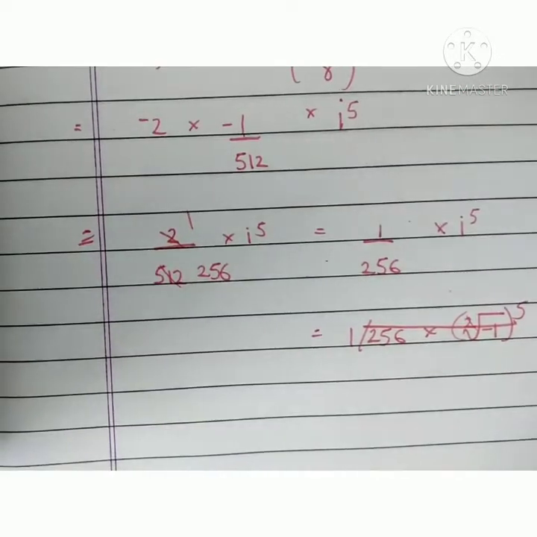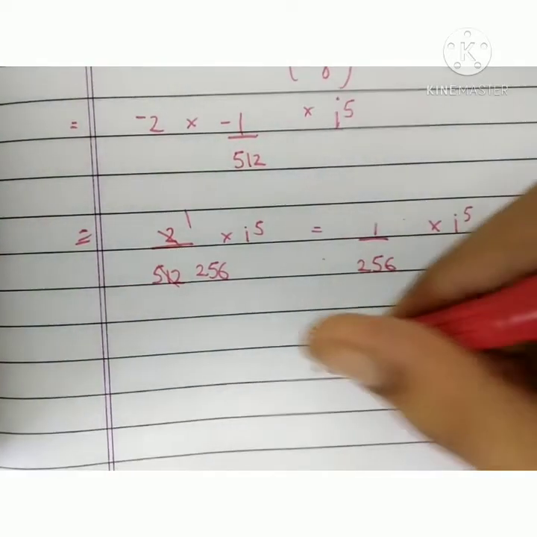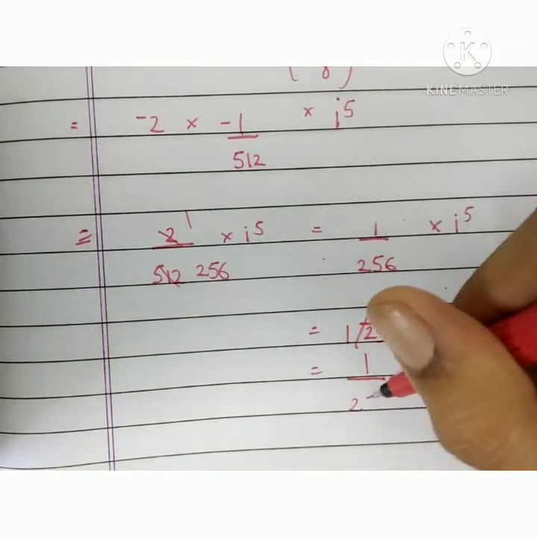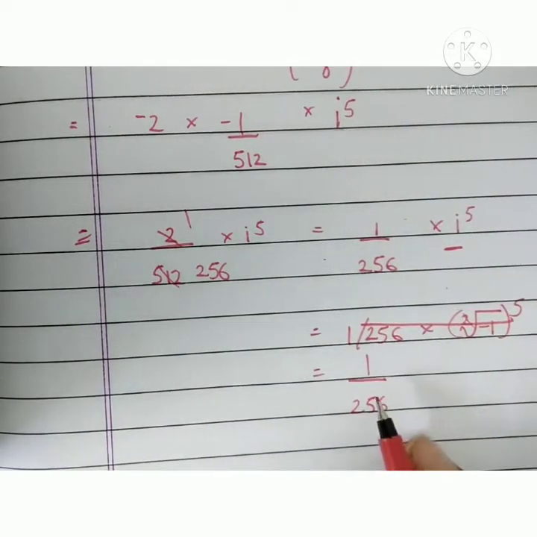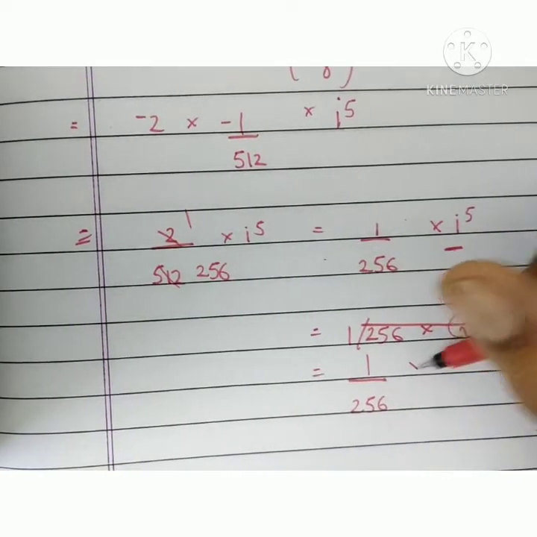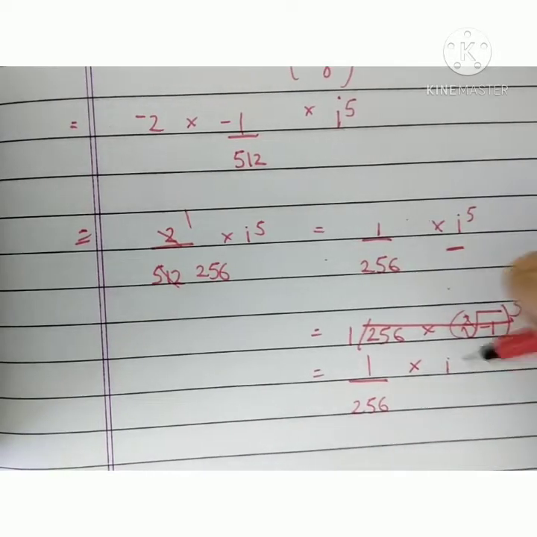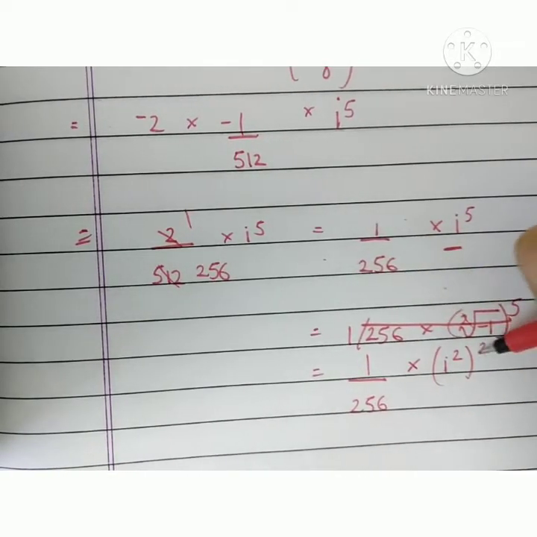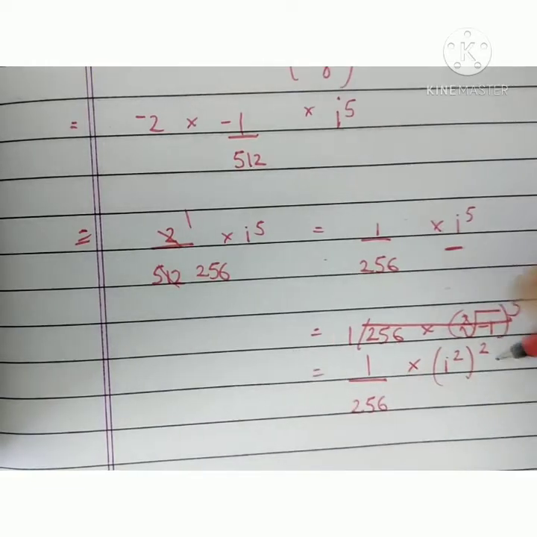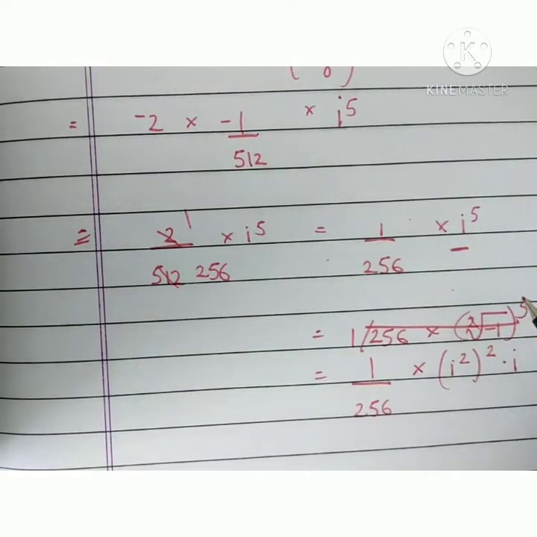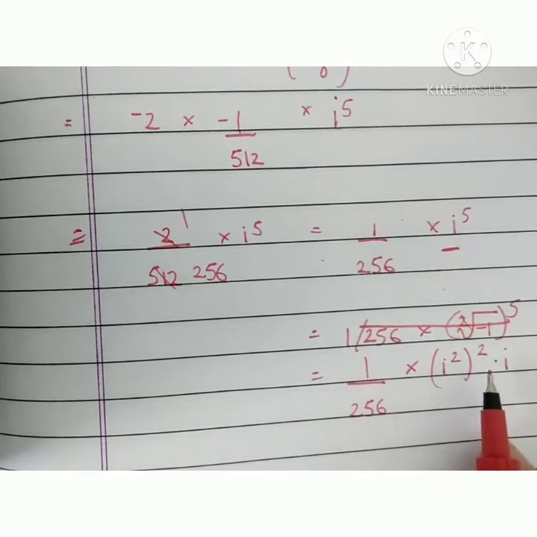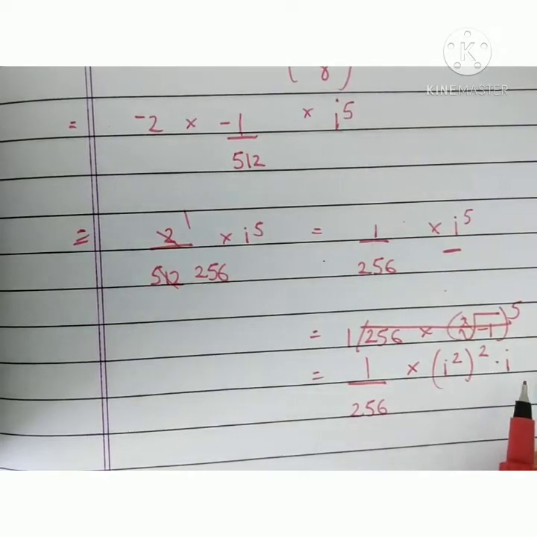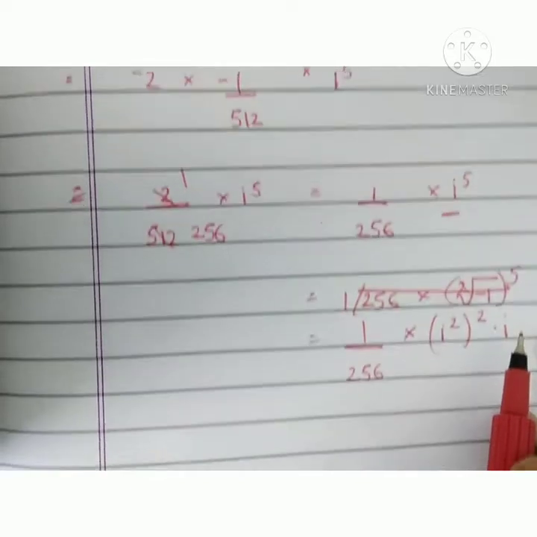Now only one option is left: I need to express this as a product of powers of even numbers. I can write this as i raised to 2 raised to 2, which is i raised to 4, multiplied by i raised to 1, and 4 plus 1 as we know is 5 only, so the meaning is the same.